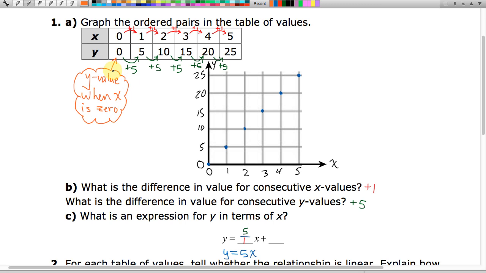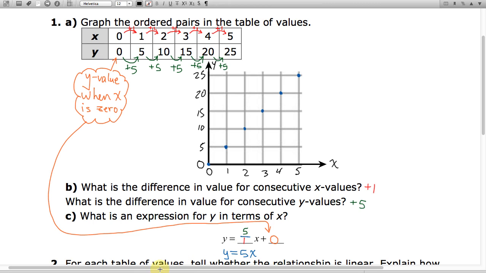But that's an important thing to look at, because that y value when x is 0 is what you'll have as your plus something else right here. Now since it is plus 0, we don't need to add anything to this equation. So actually a simplified version of that equation would be to just write it as y equals 5x.